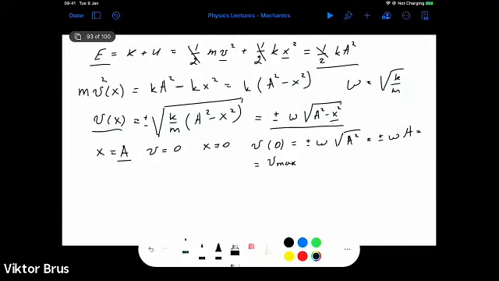If we implicitly differentiate the second line equation, like mv squared is equal to ka squared minus kx squared, can we get a similar function of acceleration without time involved? Yes, so it would be a proper function.